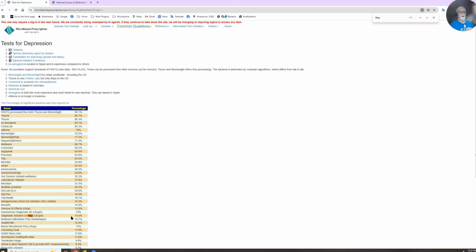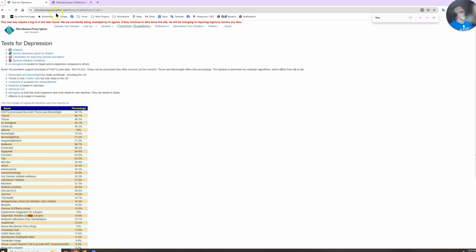In other words, if you're dealing with depression, a GI map is not a particularly informative one. It's only going to report abnormalities in 1 of the 7 bacteria shifts which are reported from studies. So that is it.